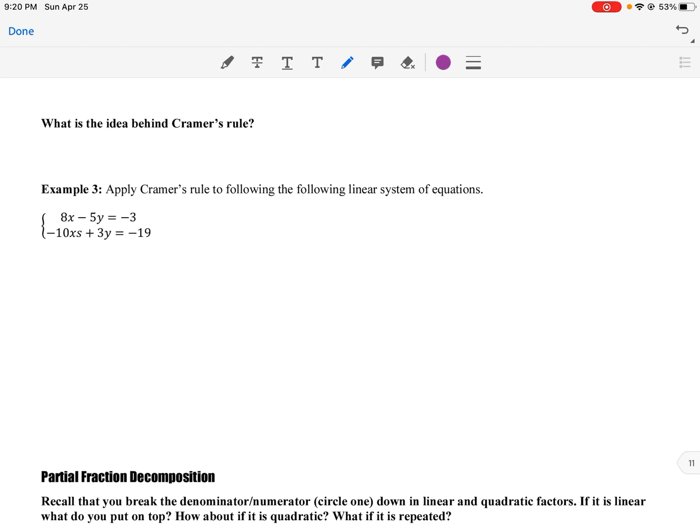Okay. So what's the idea behind Cramer's rule? Cramer's rule, the idea behind that is like to find x, let's say we're going to do 2 determinants. We're going to do d of x over d.